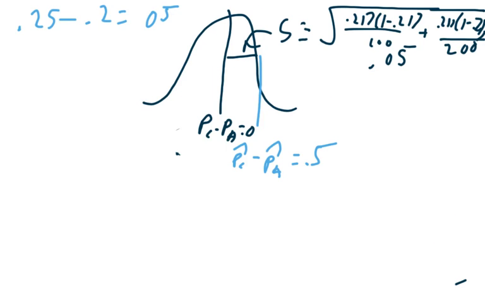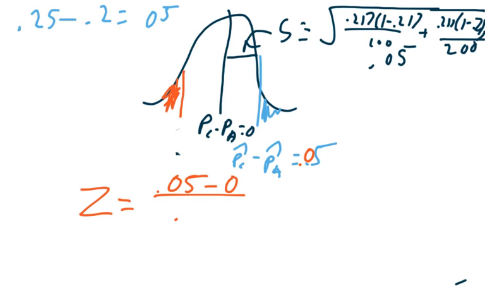So I am going to shade over here, and I'm going to shade over here. So Z equals, that should be 0.05 as well, 0.05 minus 0 divided by 0.05, which equals 1.